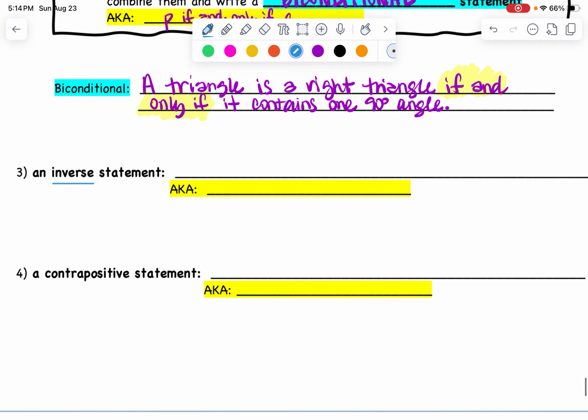And we also like to use the word, and you need to know this, negate, right? Which means to make negative, so adding the word not. So we're going to negate the original hypothesis and conclusion.